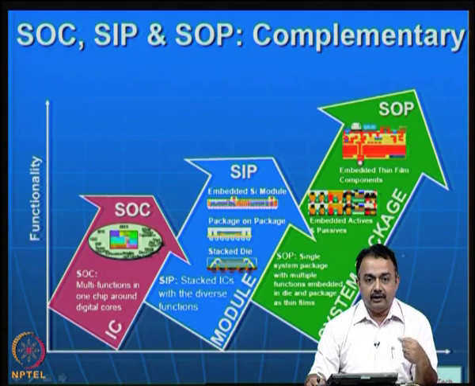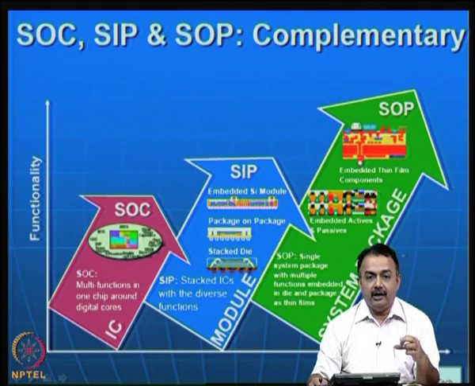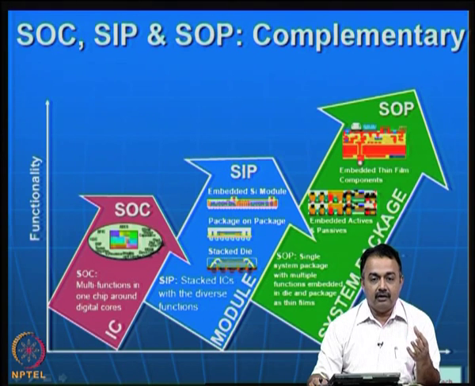They can be grouped together on a single substrate, stacked and interconnected by means of wire bond or flip chip, and then they are packaged. Now it behaves as a single package, but effectively you have used different functional dies.